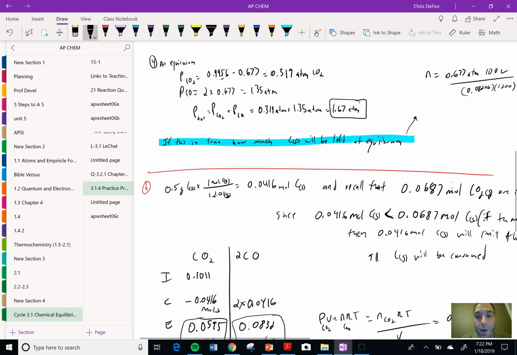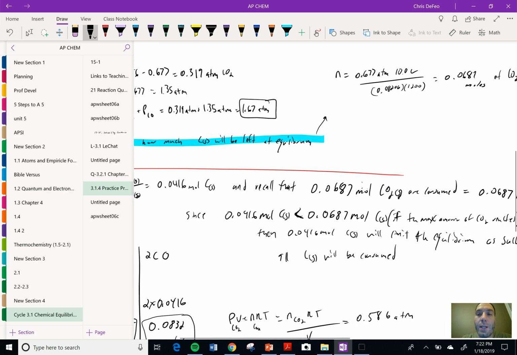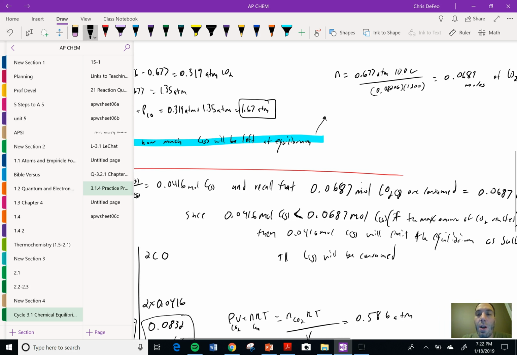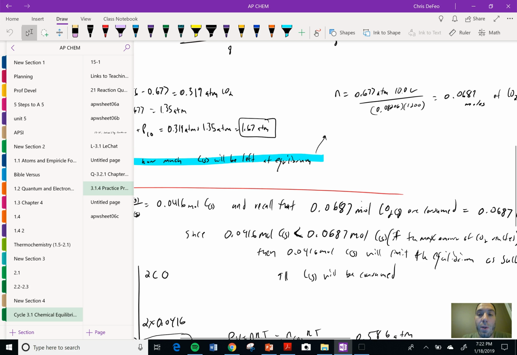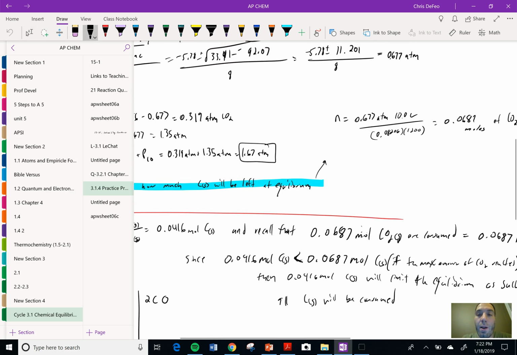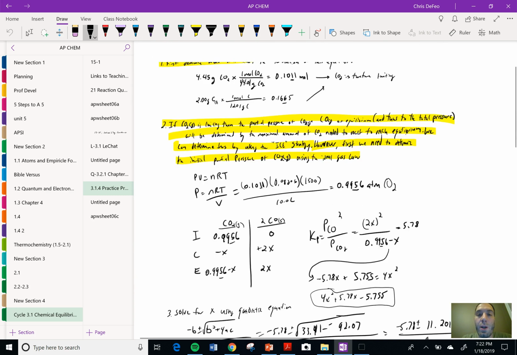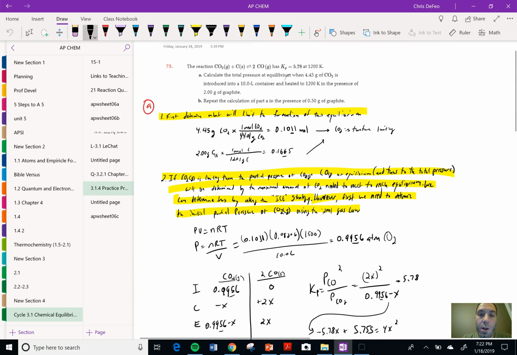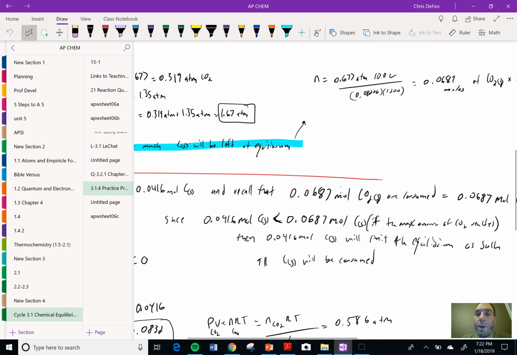So I said you can figure out how much carbon solid was used at equilibrium. To do that, you would take your value of X, and you would want to find out how many moles of gas have been consumed, so that we can figure out how many moles of carbon can be consumed, because there's a 1-to-1 ratio between carbon dioxide and graphite.